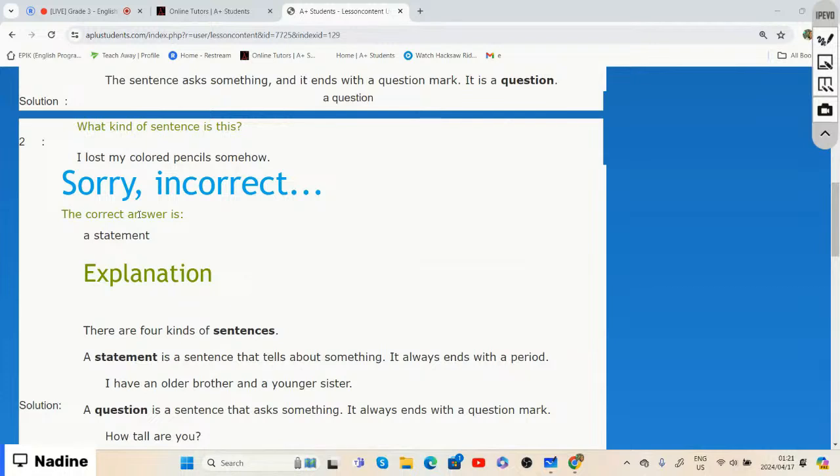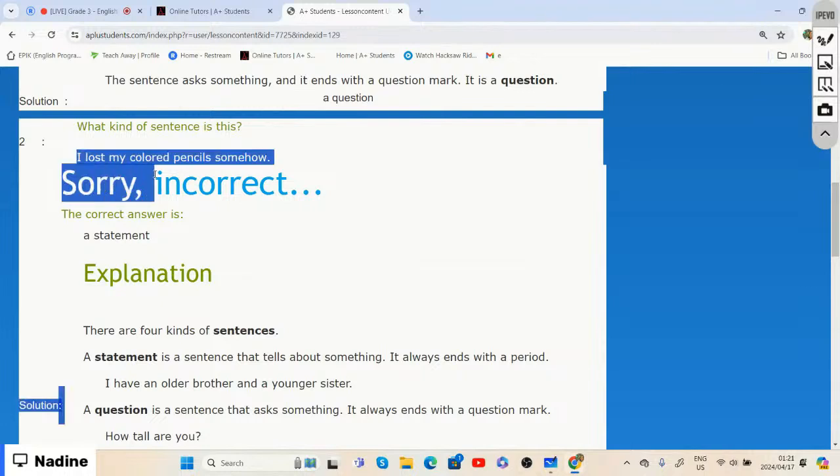The key, we already see that the key is a question, right? And then now we have this one that says, I lost my colored pencils somehow. Now we need to say if it's either a statement, a question, a command, or an exclamation.